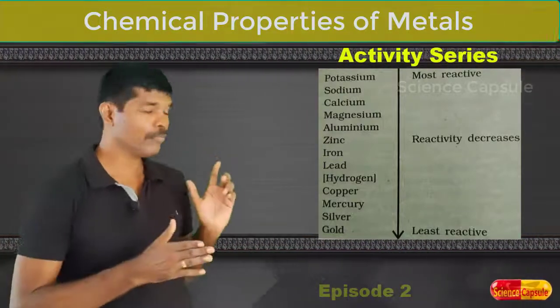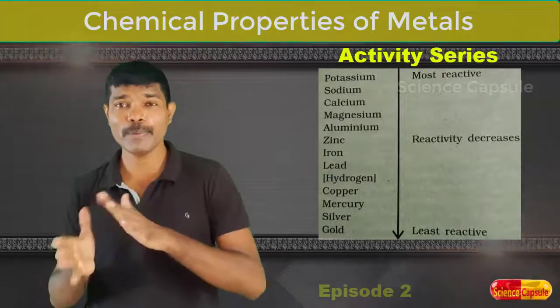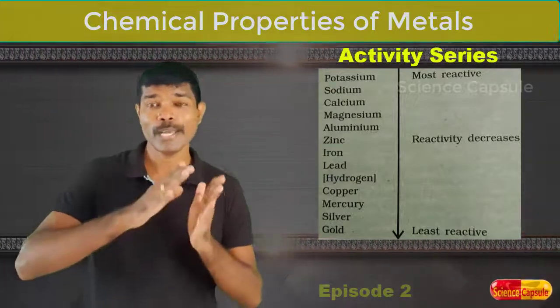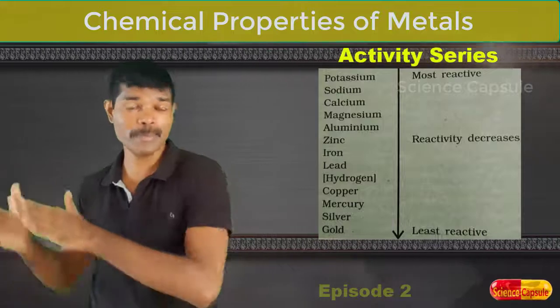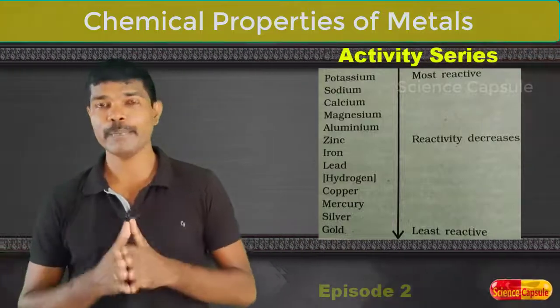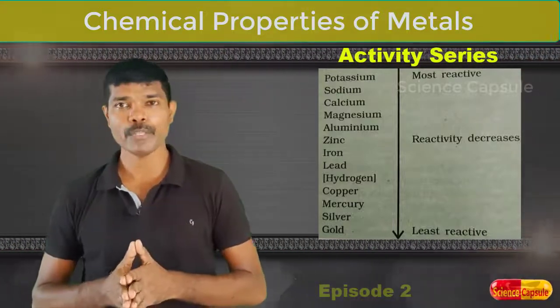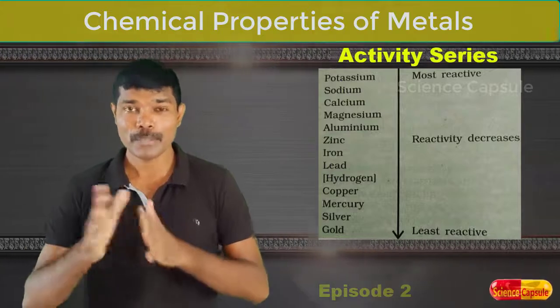On the basis of this, let us understand how the reaction of metals with salts of other metals takes place. This is very important. Let us understand the displacement reaction by taking some examples. Firstly, we will take sodium. When sodium is put in zinc sulfate, what would be the chemical reaction?